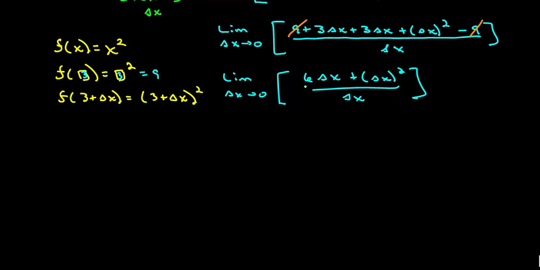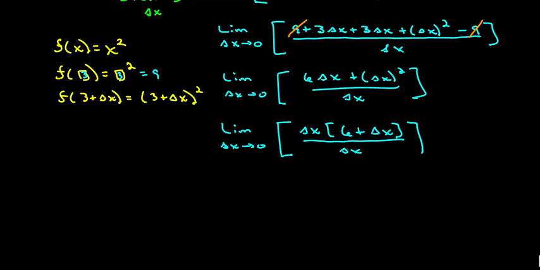Now I'm going to factor out a delta x. So that's going to be delta x times the quantity 6 plus delta x, over delta x. Now the limit as delta x goes to 0. This guy right here is going to be equal to the following.